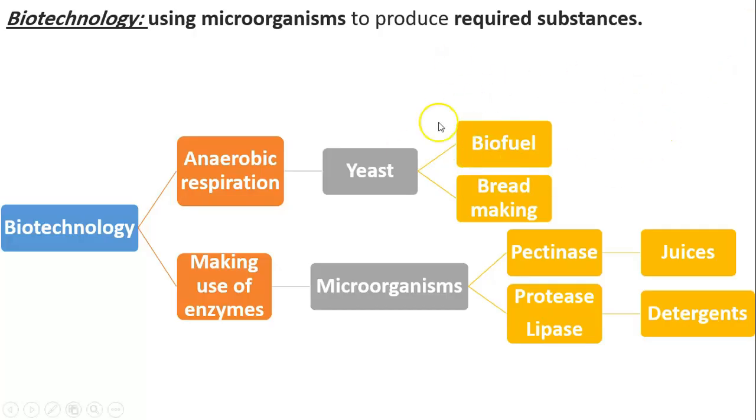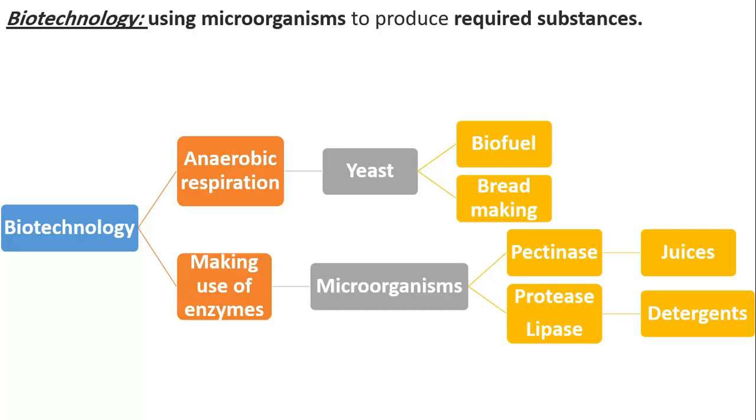Ethanol, like in biofuel, we will use this ethanol to make a biofuel. We will see how in a few seconds. And bread making, remember this from the anaerobic respiration chapter, when we said that the carbon dioxide makes bubbles in the dough, and then this makes the baking spongy, right?